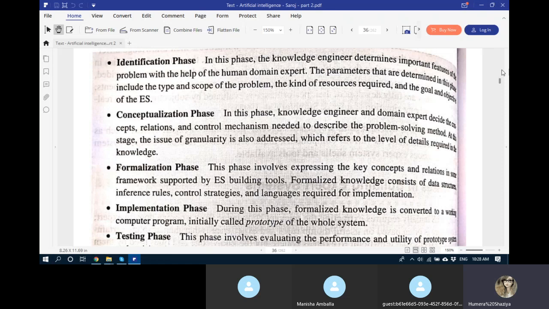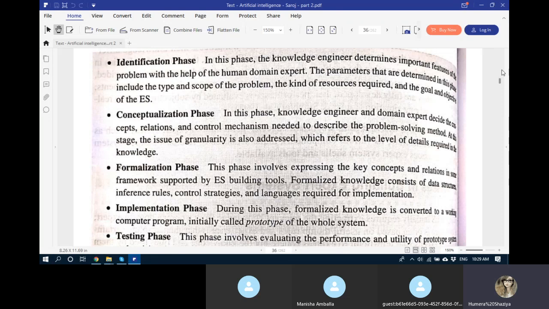So it turns out that in the initial phase, a human expert of a particular domain is consulted to get all the important features of an expert system.